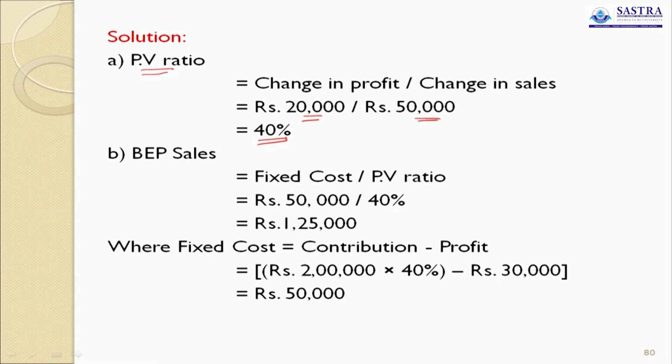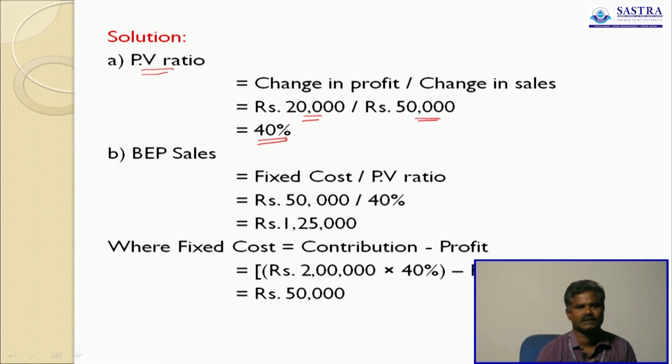Already I told you, whenever the periodical sales and periodical profits are given, we have to use only this formula. There is no other way of solving PV ratio when the periodical data are given in the problem. So, this is your talent. Here you have to prove your talent to extract the relevant formulas for the appropriate problems.